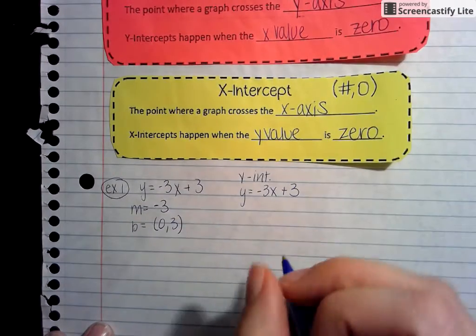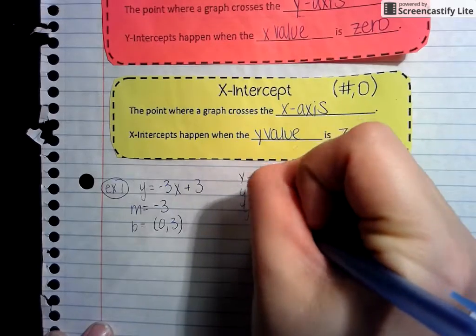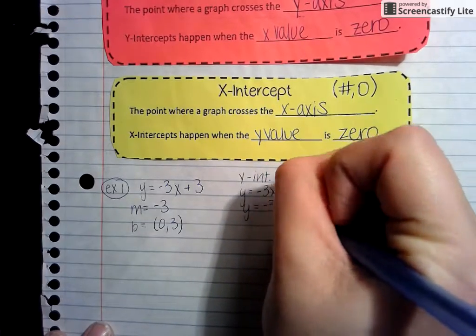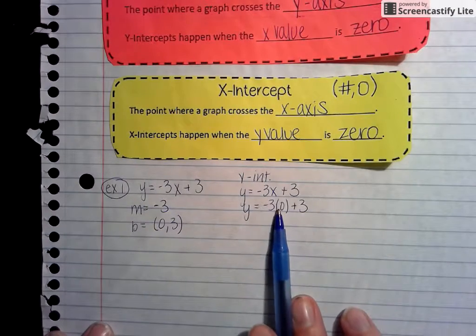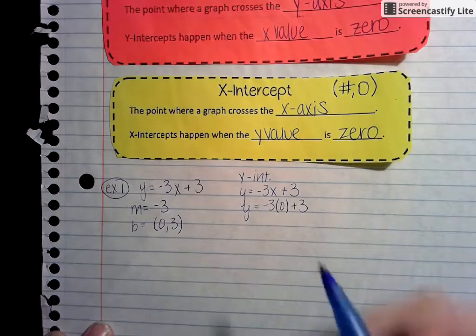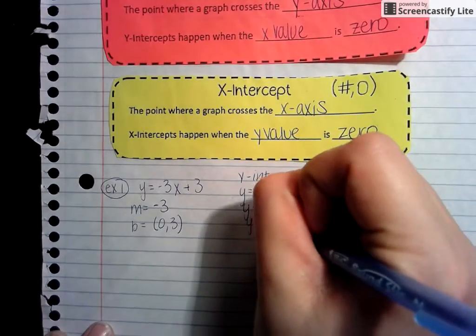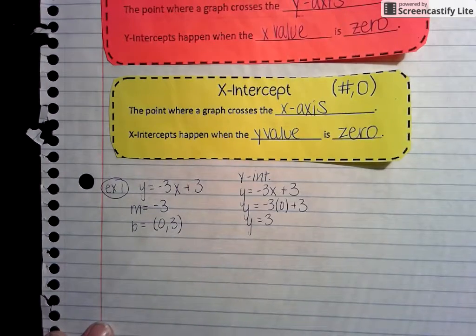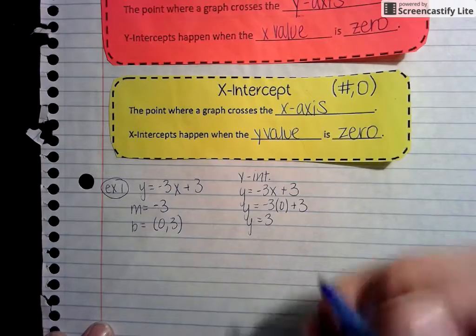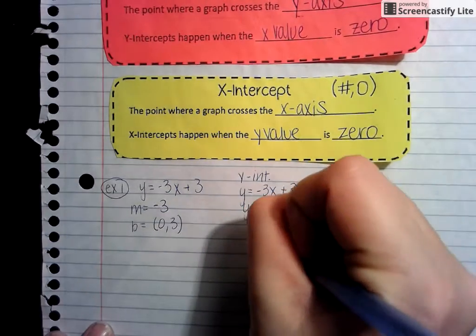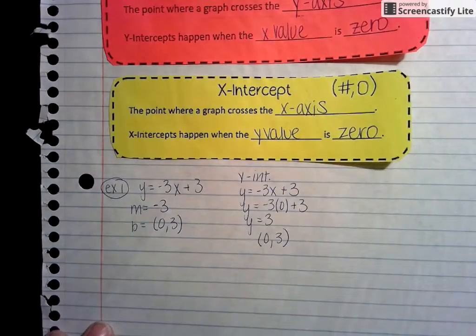I substitute 0 in for x, so I have y equals negative 3 times 0 plus 3. When you substitute 0 in, this cancels, so I get y equals 3, which is how you would write it as an intercept. We knew that x was 0 and y was 3, so I write it as 0, comma 3.